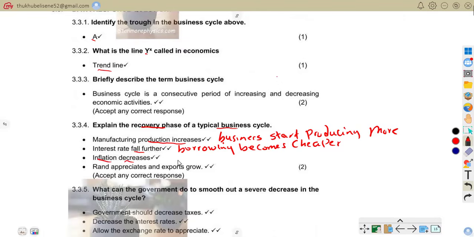Inflation decreases. So when inflation decreases, prices rise more slowly. Also, rent appreciates and exports grow, meaning to say the exports increase, so more goods are sold abroad. So that is that. So now let us go to 3.3.5.